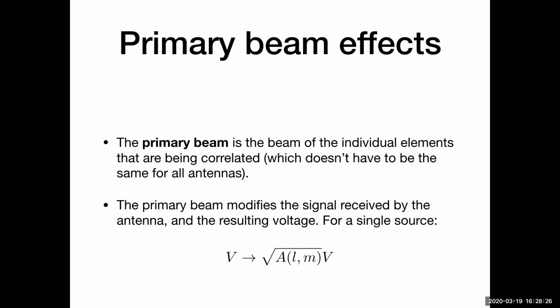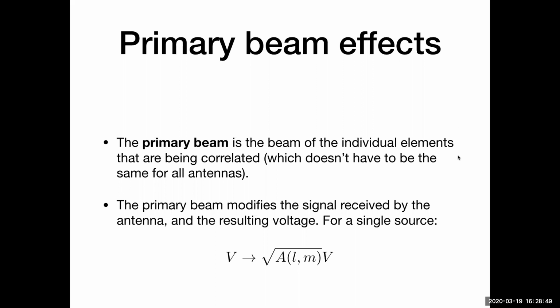And it doesn't have to be the same for all of the antennas. You can have a different primary beam pattern. So this is important for VLBI, where you're correlating very different telescopes of different sizes, different construction, etc. So in principle, it can be the same if you're something like the VLA, or it can be different.